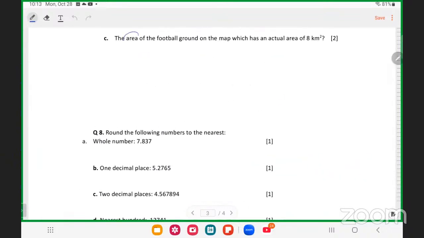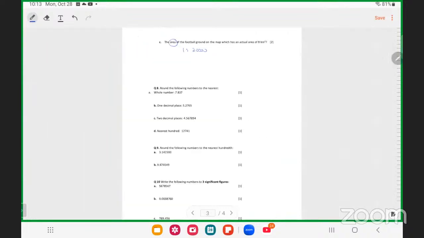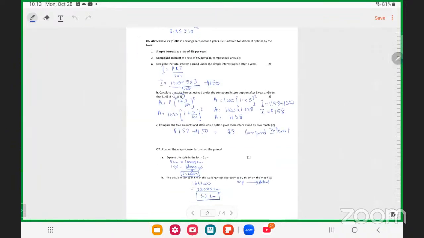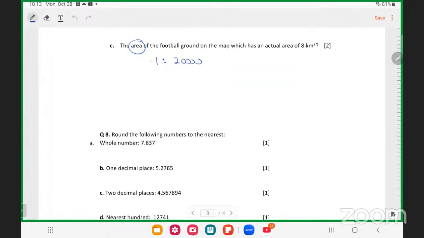Whenever the question talks about the area, we have to square the scale. So scale is 1 is to 20,000. When we square the scale, this will become 1 is to 4 and 8 zeros.